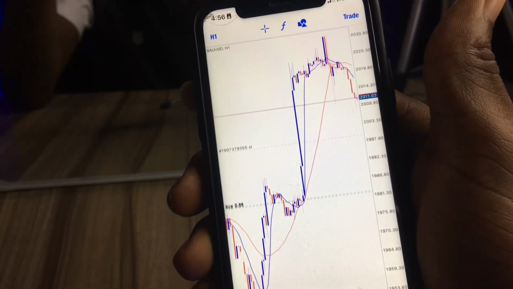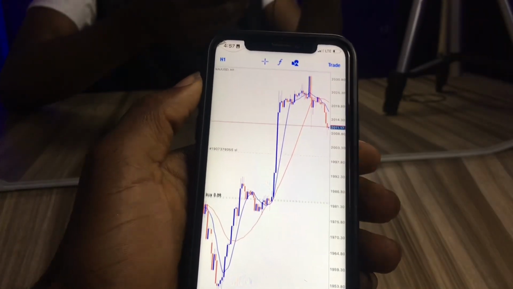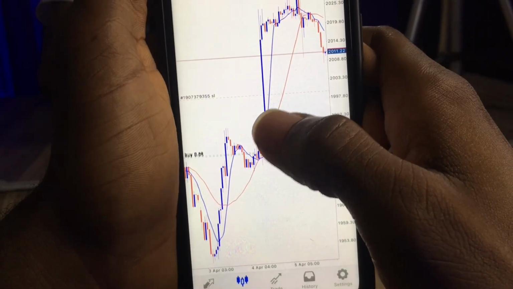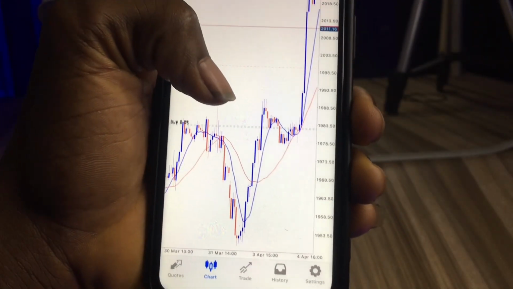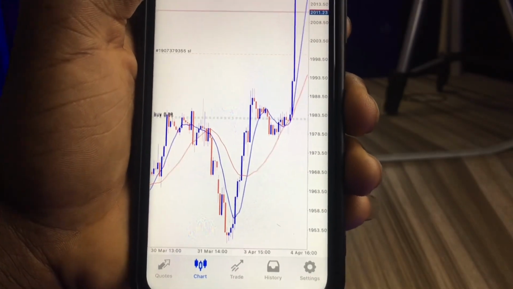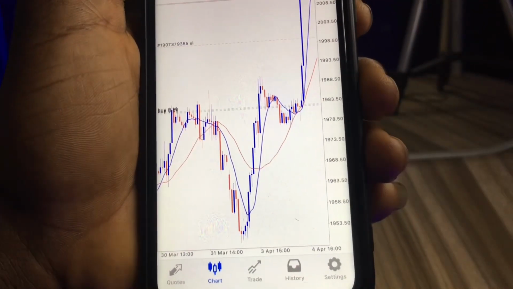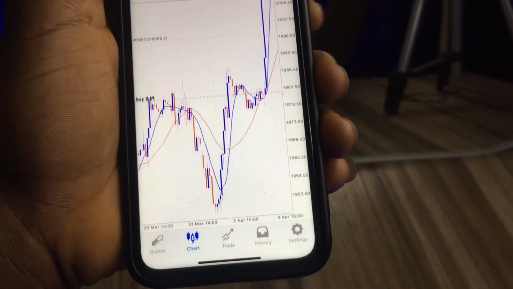Now before that, let me go ahead and explain the moving averages I have on here. If you check the video before this one, I've already released a strategy on that. As you can see right here, I have the 9 moving average and I have the 25 moving average. Whenever price is above the 9 moving average, it means that the trend is active, the market is active. And whenever I see price below the moving averages, it means that the market is currently in a retracement, or the trend is not active at that period in time.